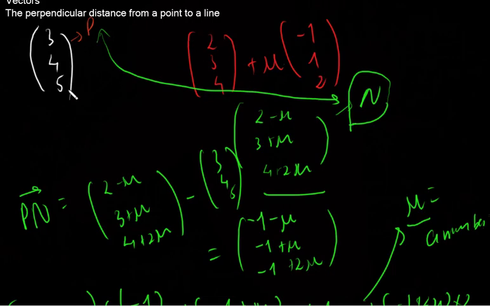So we know PN is perpendicular to line L. So for that, the perpendicular distance is PN. And that is basically how you solve a problem involving the perpendicular distance from a point to a line.